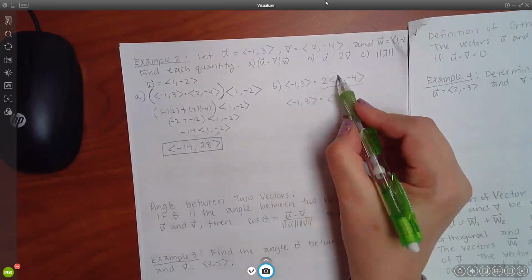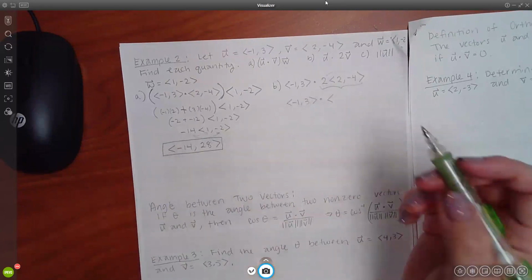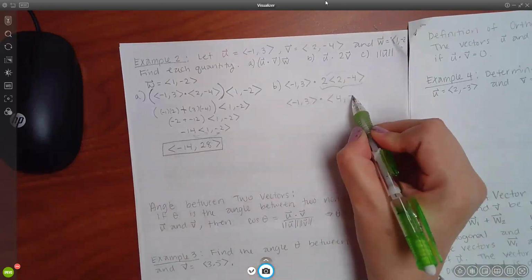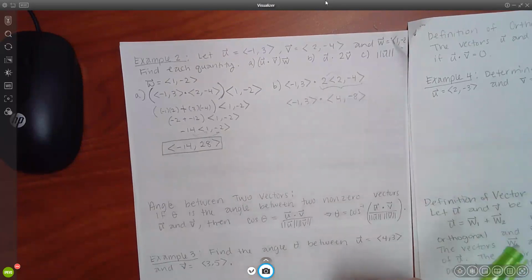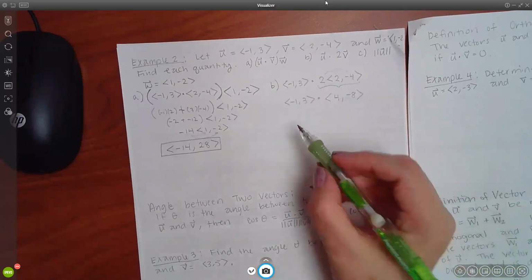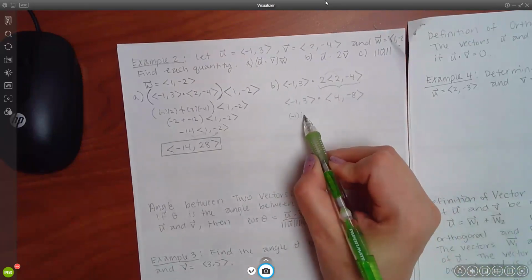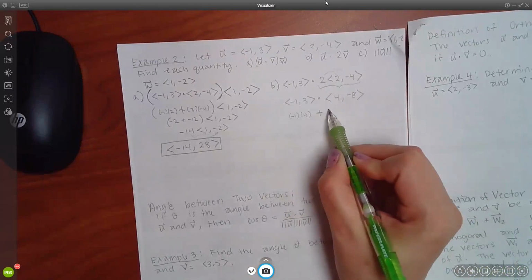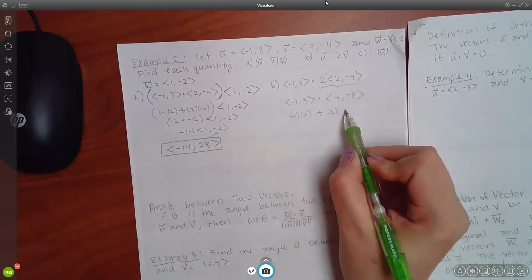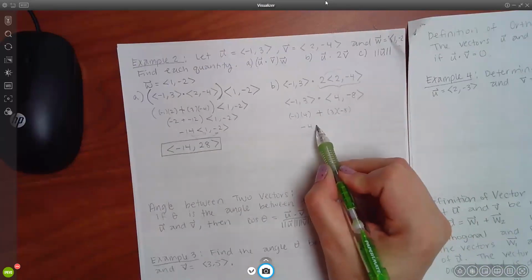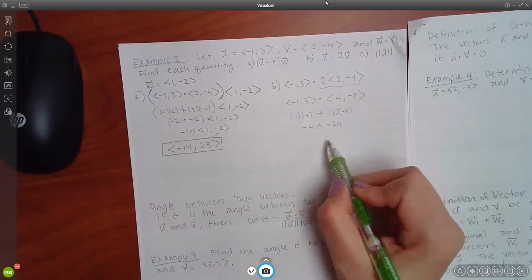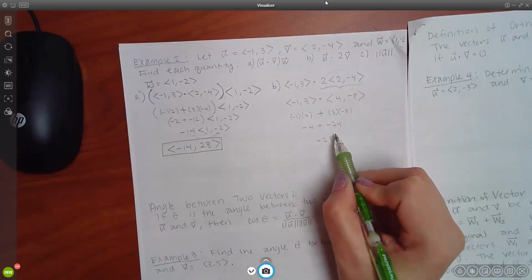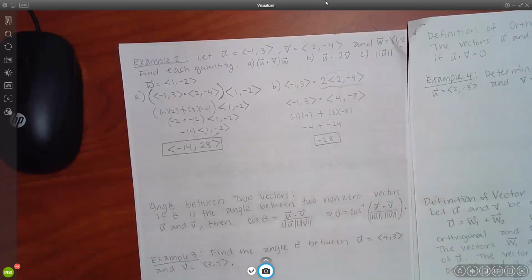So I'm just going to distribute that just like I did with the -14. So this becomes 4 and -8. And then now I can do my dot product. So I have -4 plus a -24. I end up with a regular number, -28.